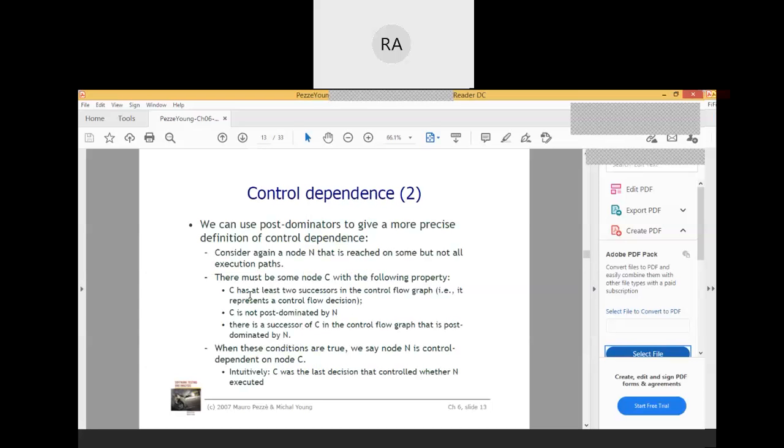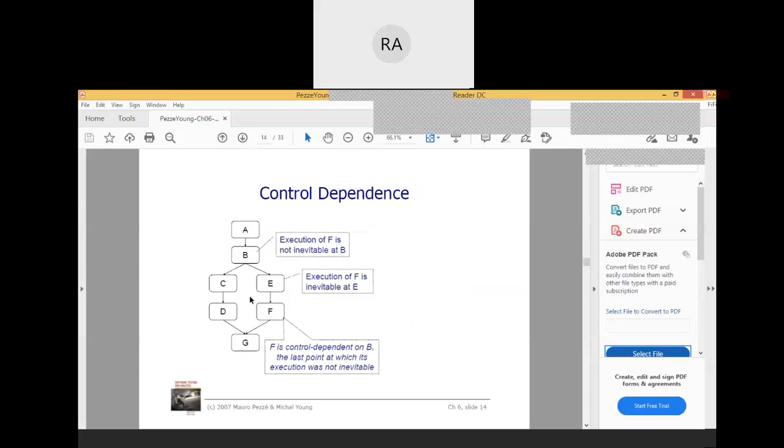C has at least two successors in the control flow graph, and C is not post dominated by N, and there is a successor of C in the control flow graph that is post dominated by N. Here they are considering the execution of F. Execution of F is not inevitable at this point, but execution of F is inevitable at E. After E, F should execute.